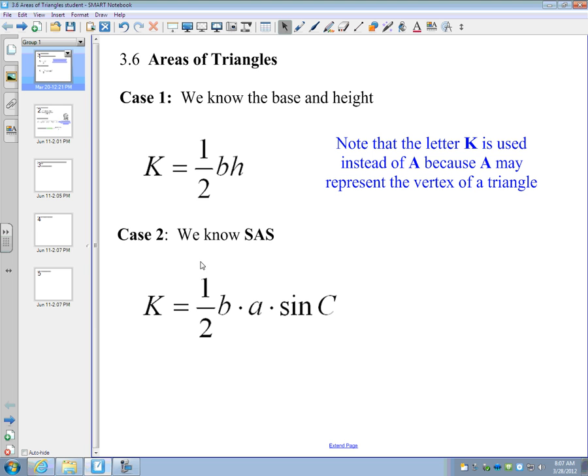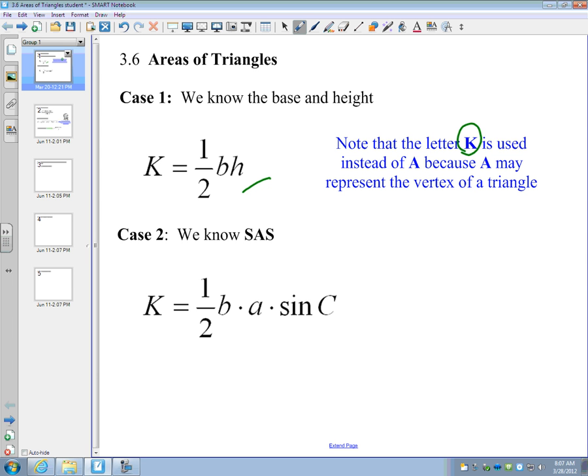Case one, if we know the base and the height, then the area is equal to 1/2 base times height. This is the formula we've been given all along. Just something different, we use K because A may represent the vertex of a triangle. Remember, capital letters are for vertexes, so just a little change in convention.